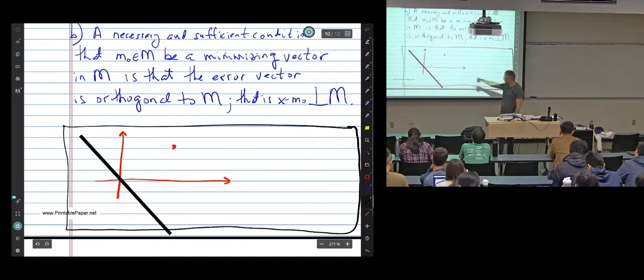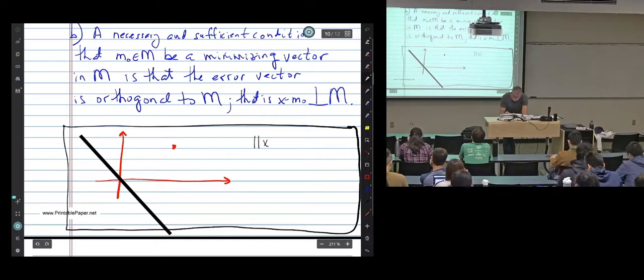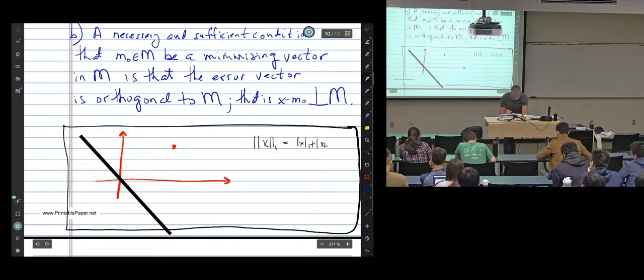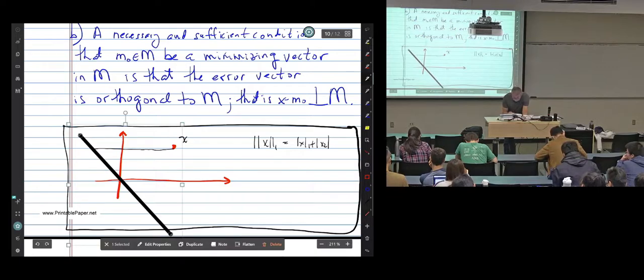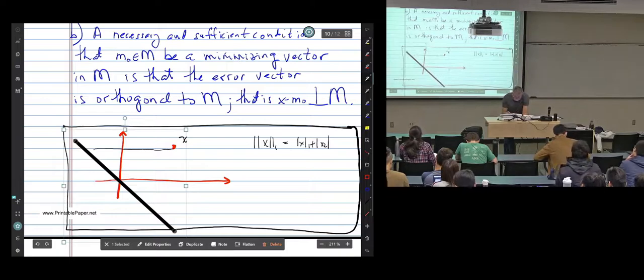It's not a manifold, it's not wiggling, that's a subspace, okay? Now, hopefully it's at a 45-degree angle too, it's pretty close. Take the norm of X as the 1 norm. Okay, this is X. Oh, I don't like my angle here. There we go. I think that works for me.